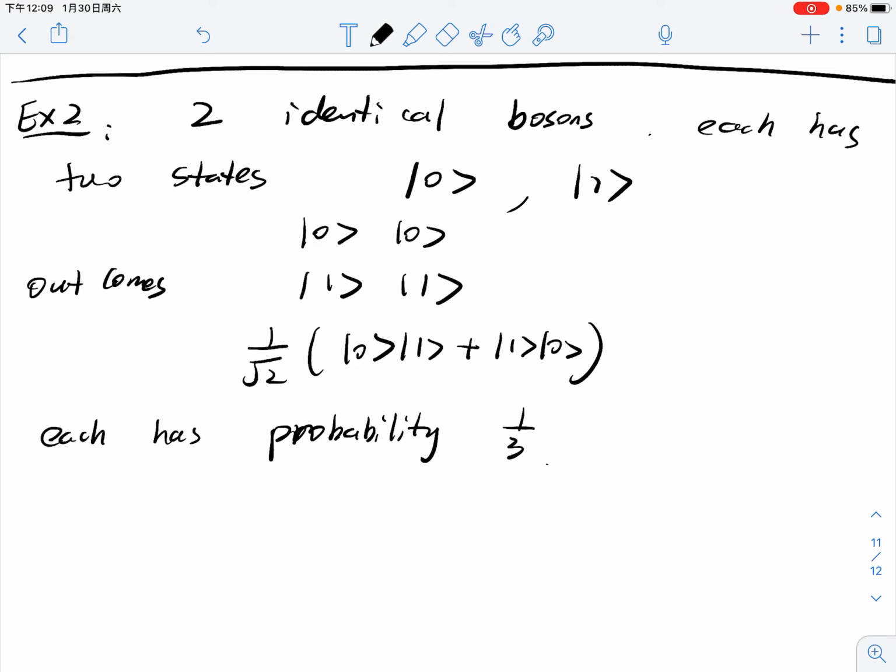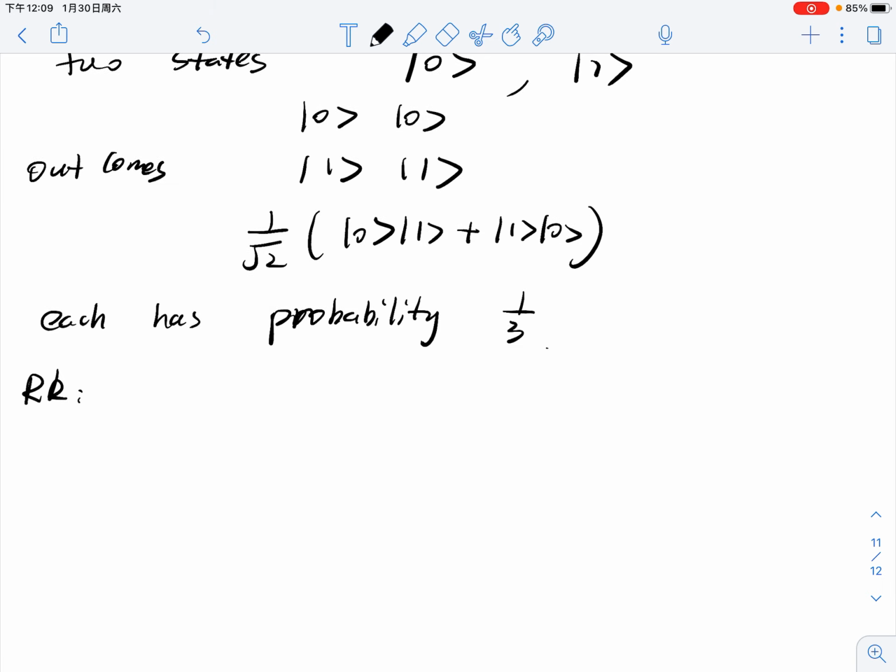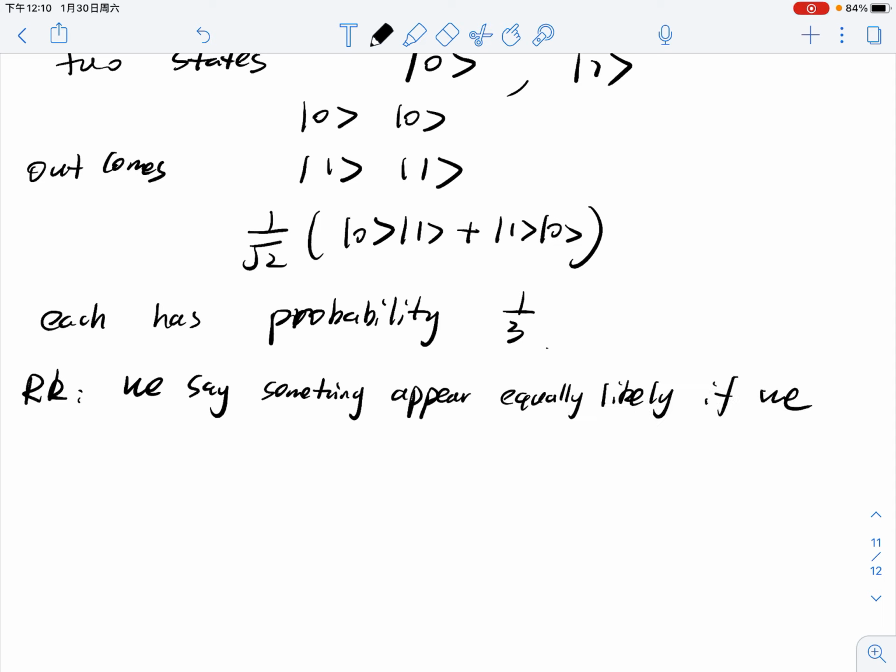The reason is that we say something appears equally likely if we don't have reasons why they don't.